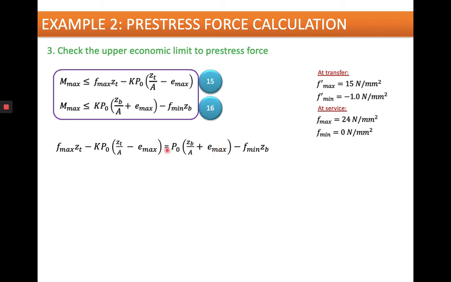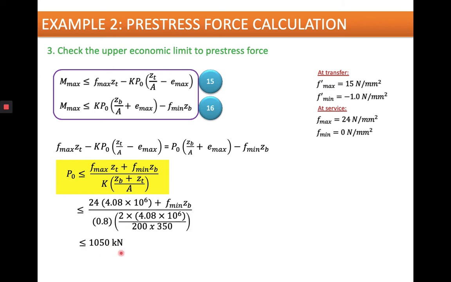Please take note of this. This is the equation, and when we rearrange it, we get P naught less than or equal to F maximum ZT plus F minimum over ZB and so on. So this is the complete equation.